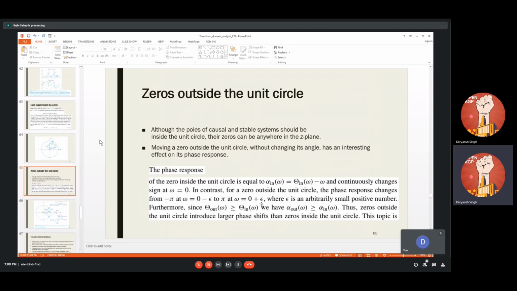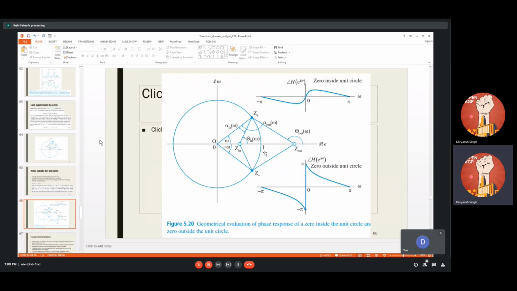That is another confusion. So what happens when you have zeros outside the unit circle? That is the idea here. You can draw these diagrams and start to analyze slowly.